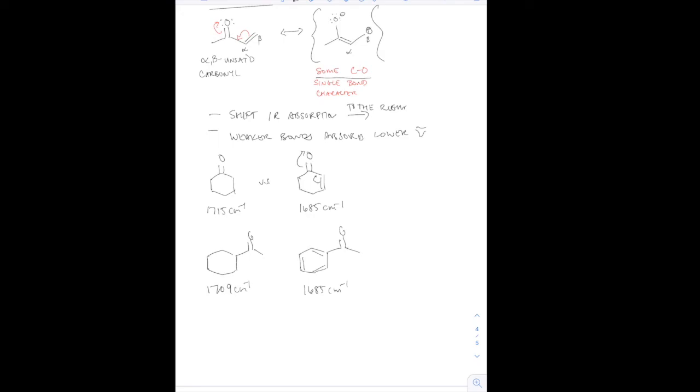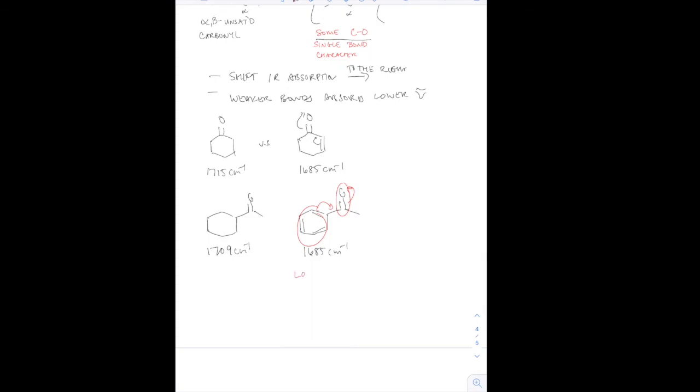And so it is a common thing that if you have a benzene ring that is adjacent to a carbonyl group that can therefore undergo resonance, then we get a decrease in the wave numbers by approximately 30, okay?